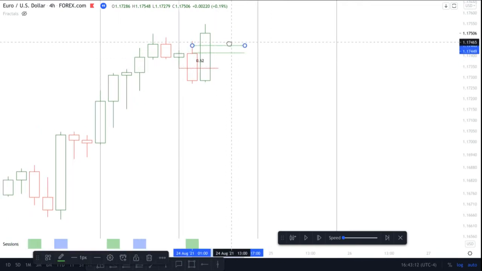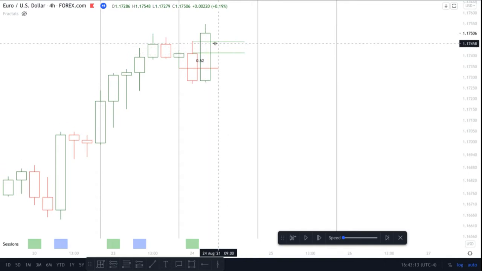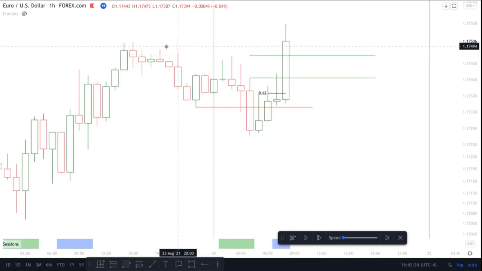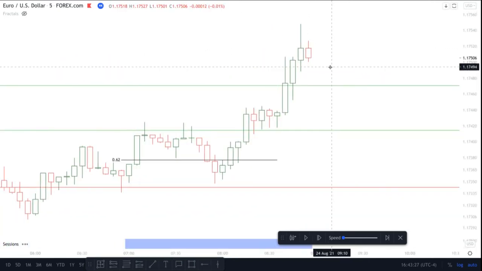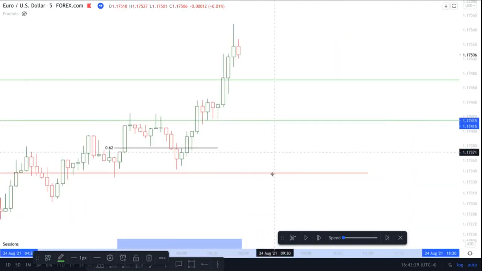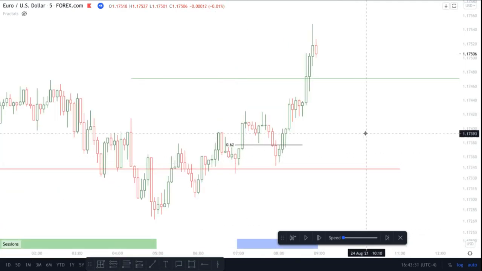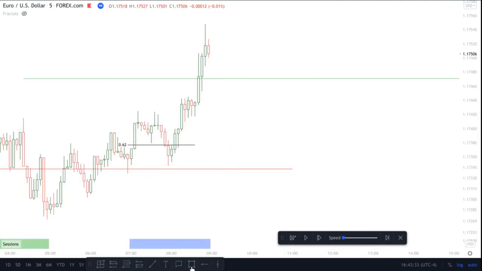But we have this 4 hour high that we wait to be raided, and then we could get a more powerful optimal trade entry or a more powerful price displacement, because it's based on a higher time frame. So once that 4 hour high is broken, we look for a fair value gap in here.